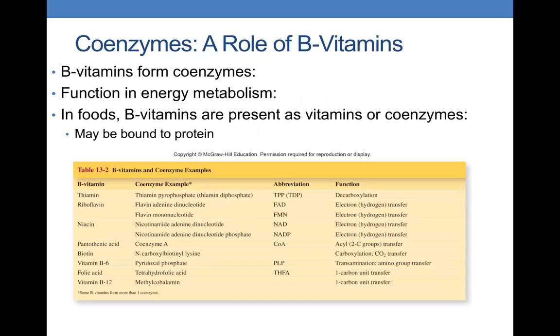Coenzymes. All of the B vitamins function as coenzymes. And coenzymes are small organic molecules that can combine with an inactive enzyme to allow that inactive enzyme to now be in an active state. They function in energy metabolism, so they help with carbohydrate, fat, protein metabolism, as well as the production of ATP.